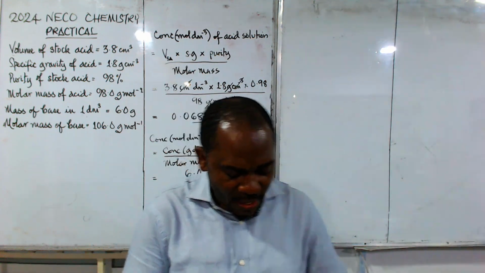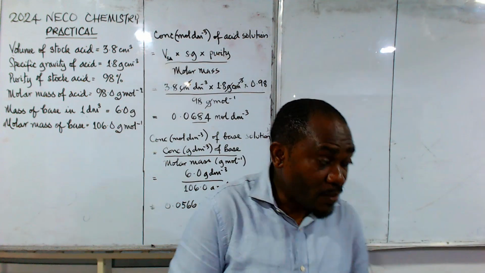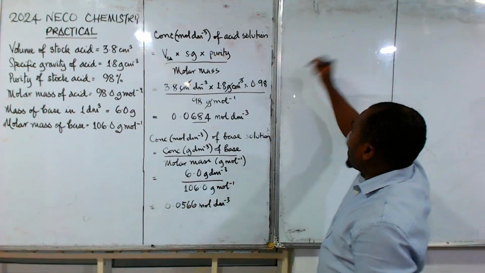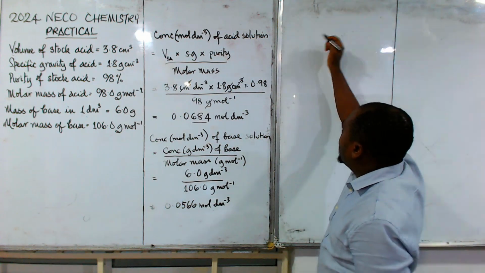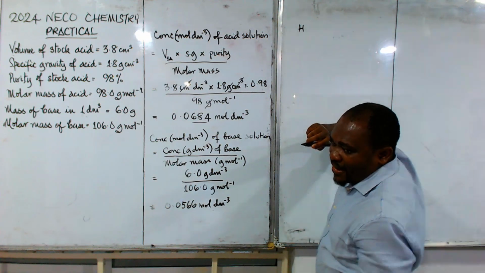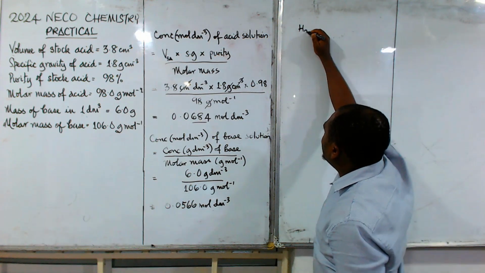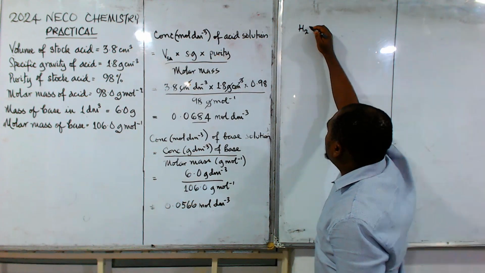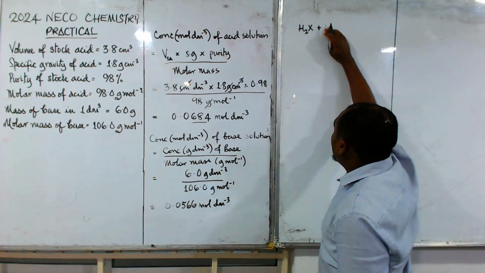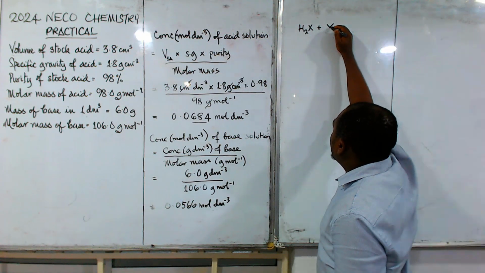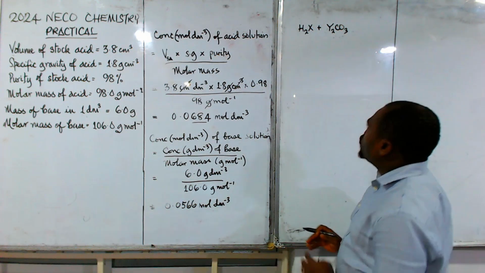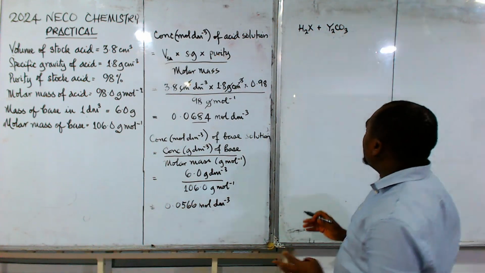Okay, let me refill my ink. Okay, I still have some ink there. So the acid and the base that we're working with: the acid is a dibasic acid, so I will represent that as what? NaH2X. While the base is a carbonate, let's say Y2CO3.